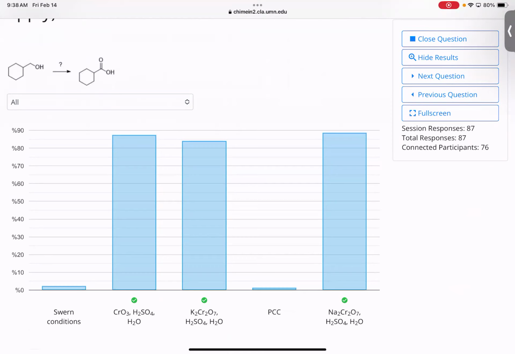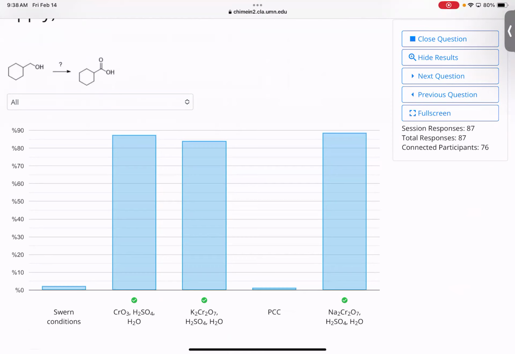And let's go back and correct my error here of chromium O3. This does need H2SO4 and water. So go make that adjustment in your notes.